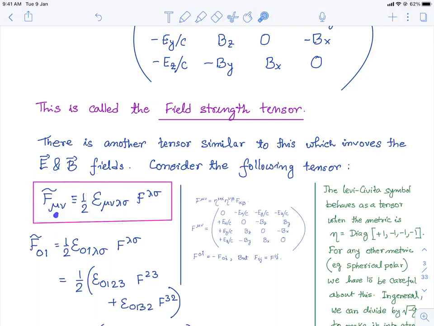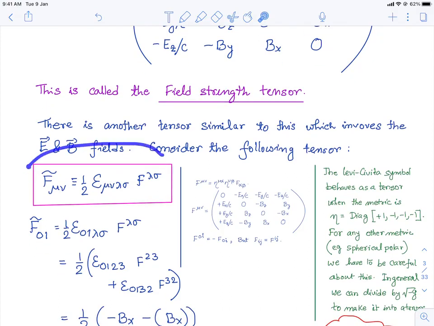Okay, where you can see these are the mu nu indices, and the lambda sigma indices are contracted with the lambda sigma indices here. That means they run over 0, 1, 2, 3 and they are summed over. Okay, so that is basically the bottom line. This is another tensor which is very much like the field strength tensor, but because of the epsilon here, the components are arranged in a different way.